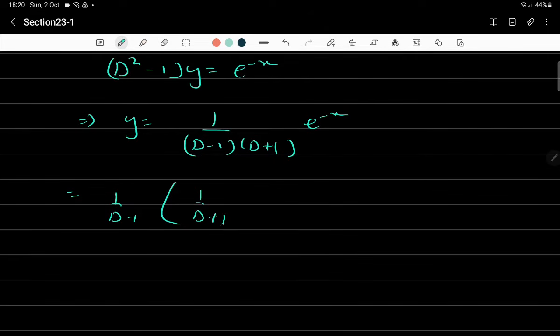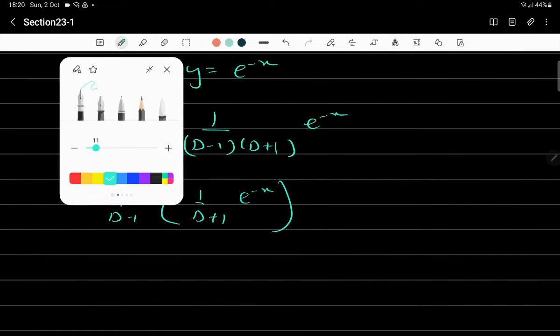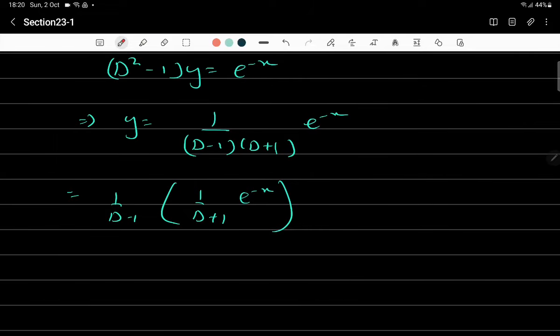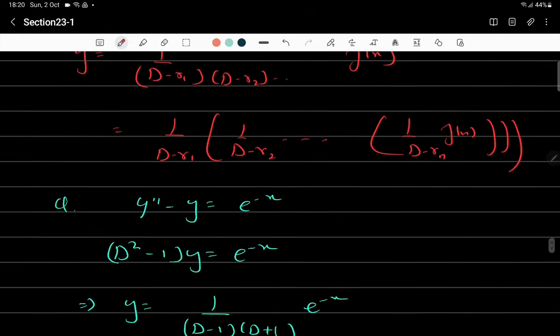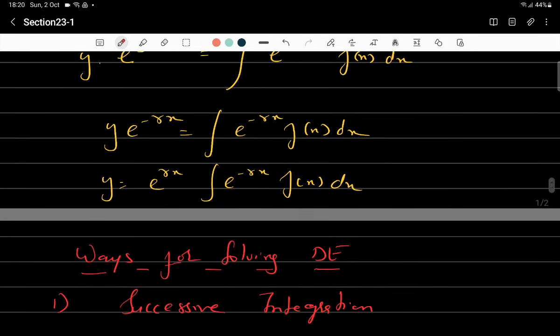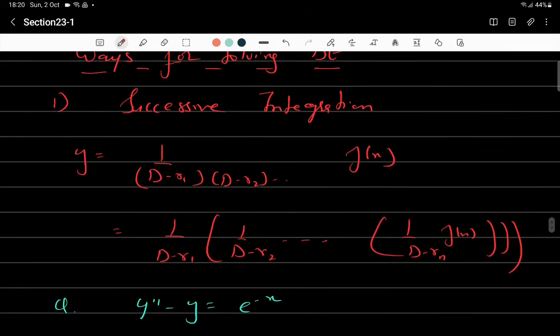So 1 by D plus 1, e raised to the power minus x. If I consider D plus 1, it means, if you remember, D minus r, so here r is minus 1, and that's why it becomes 1 by D minus 1 e raised to the power rx, so minus x, integration e raised to the power minus x, because e raised to power rx, e raised to power minus rx.